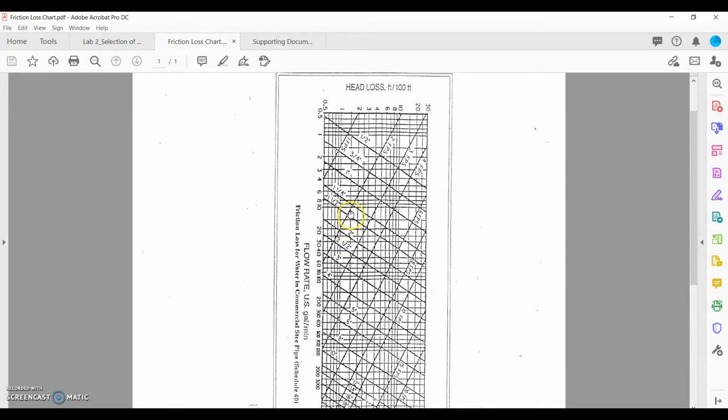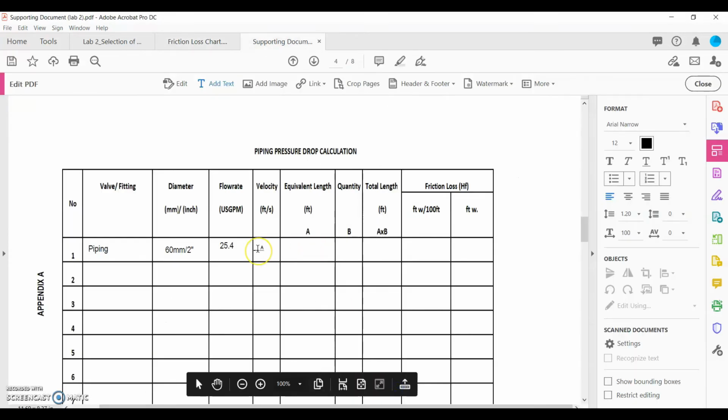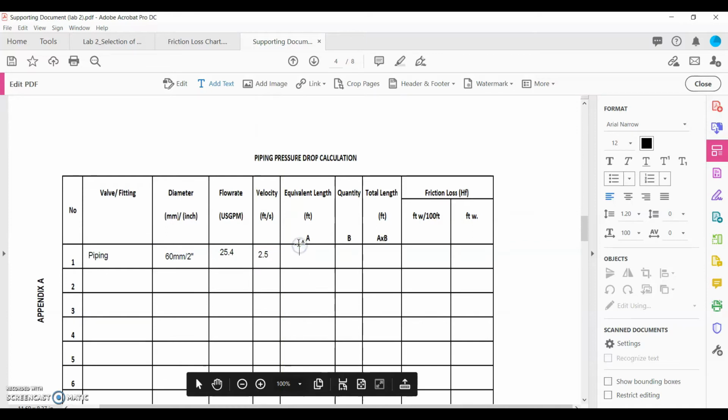The velocity lines are the slanting ones, and the intersection is here. So what is the velocity? Around 2.5 feet per second. So just input 2.5 feet per second here.